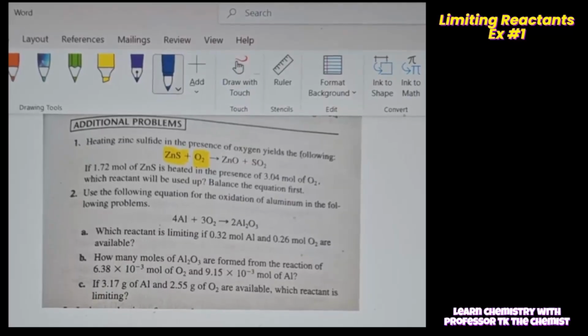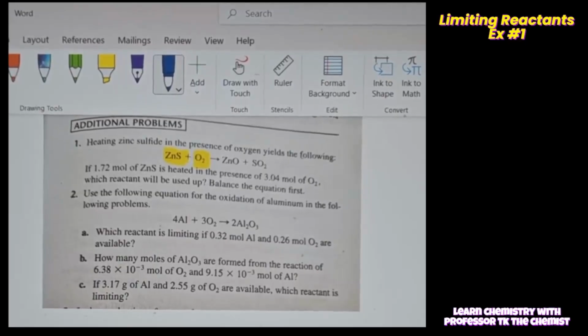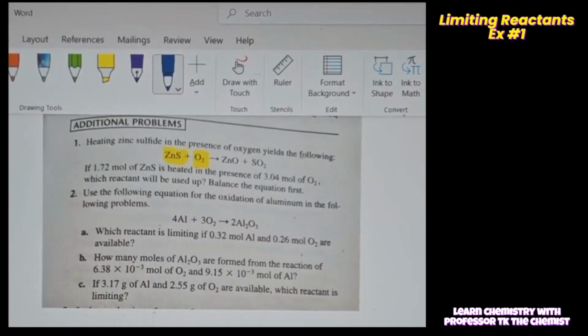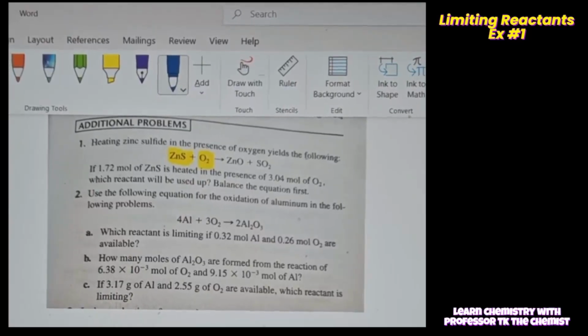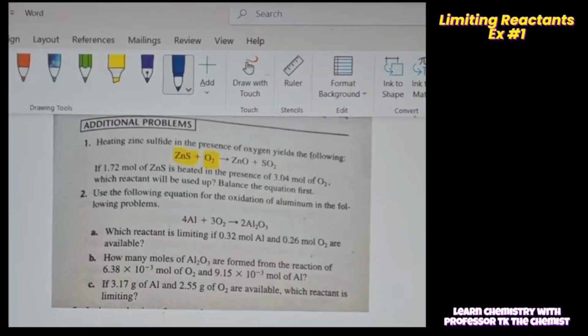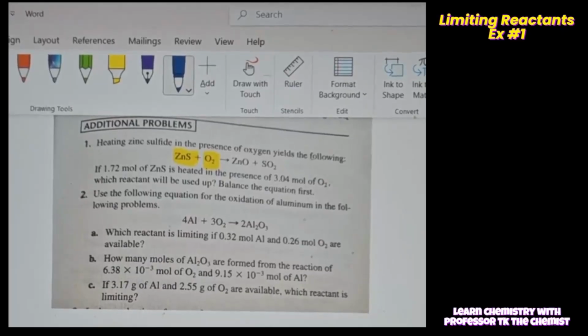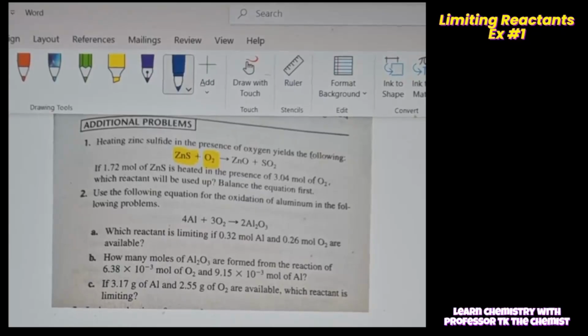Now, here is the thing. If you look at this first problem, number one, it says: if 1.72 moles of zinc sulfide is heated in the presence of 3.04 moles of oxygen, which reactant will be used up? Balance the equation first.